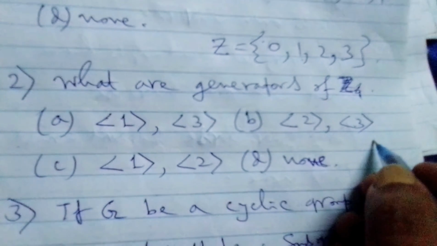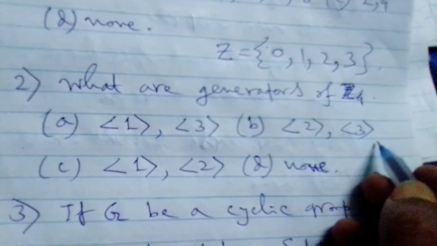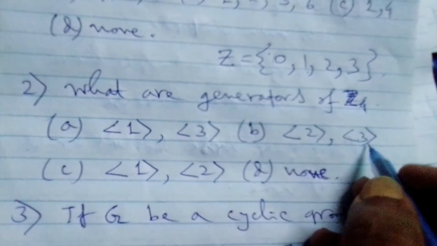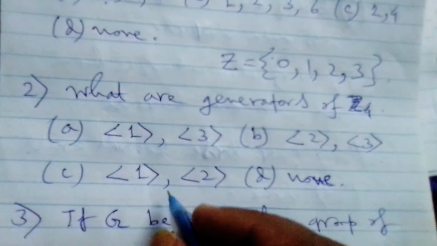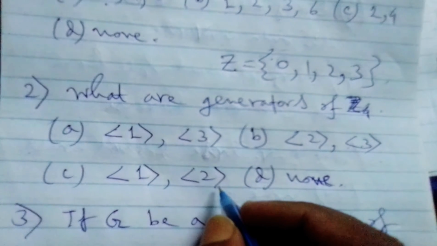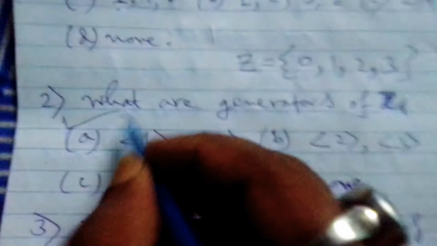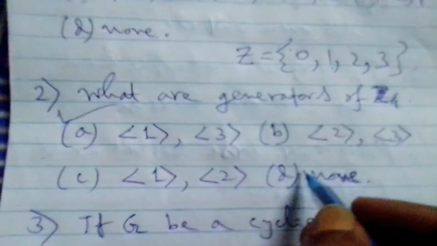And if we consider 2 and 3, that's 5, which is 1 mod 4. 1 mod 4 is not the generator. So the identity element 0 is not a generator, and the option with 1 and 2 is also not possible. So the only option is 1 and 3. This is our option.